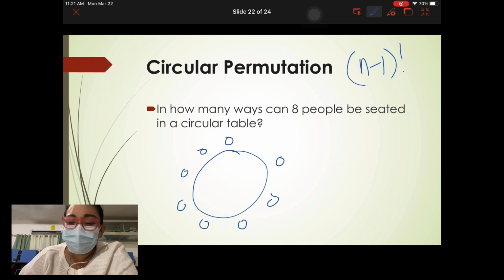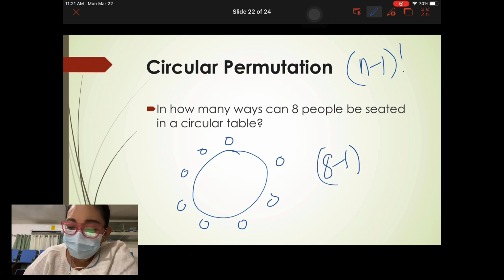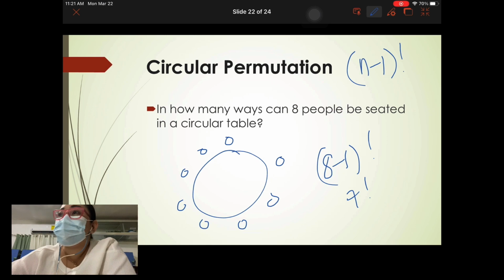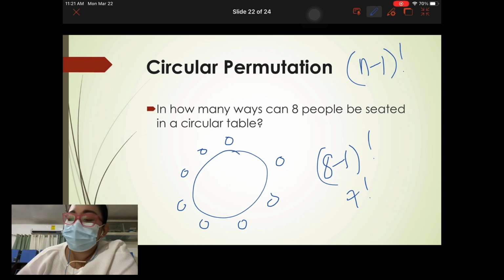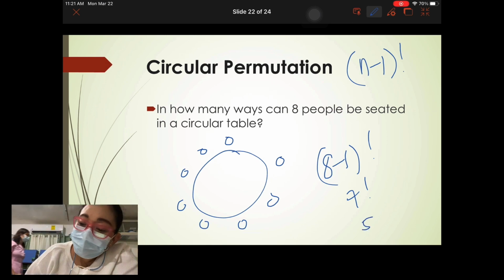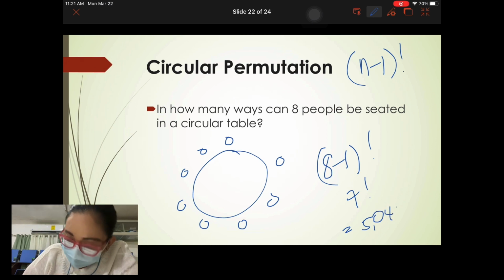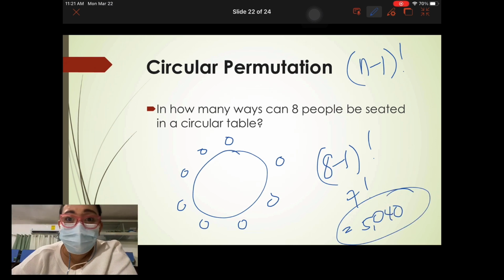So, ang formula natin for circular permutations is n-1 factorial. So, 8 people. So, that's 8 minus 1 factorial. That is 7 factorial. So, 7 factorial po ay 5,040 ways. Okay? So, ganun na siya. Madali lang si circular permutation. All you have to do is n minus 1 factorial.